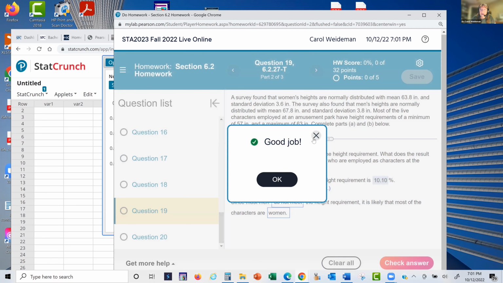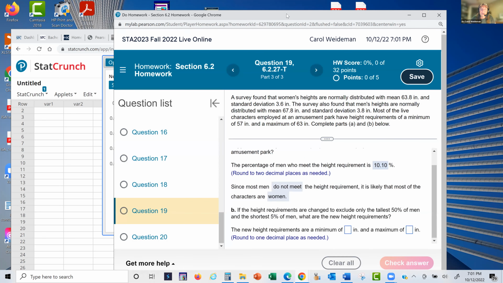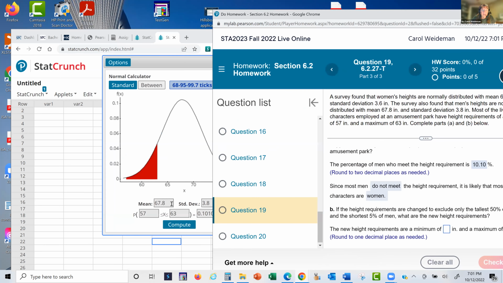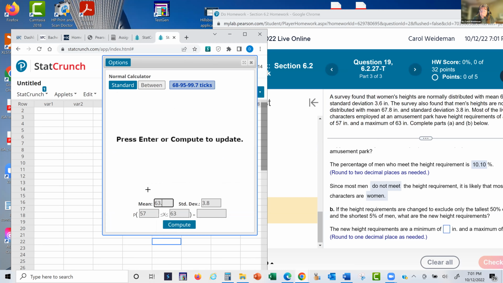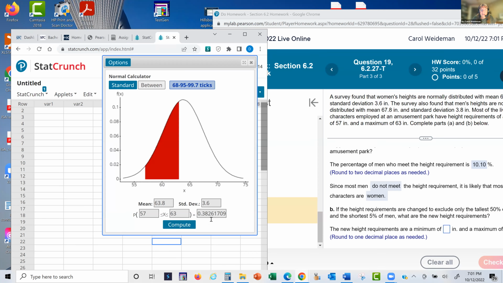Because if you look up here, let's go back and calculate for the women. What percent of the women would meet that criteria? 63.8. Let's change it and see. 63.8 and 3.6. Let's see what percent of women meet that criteria. 38.3%. Still not very high. That's pretty restrictive. But certainly far more than the number of men that would meet it.